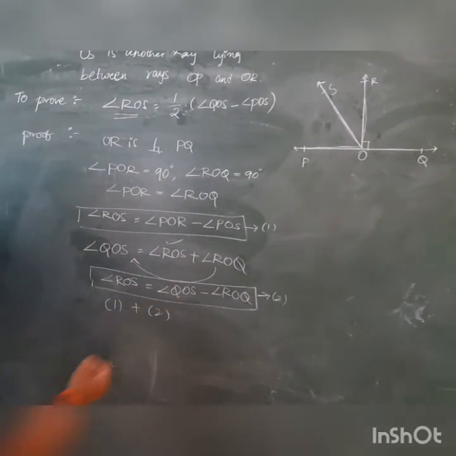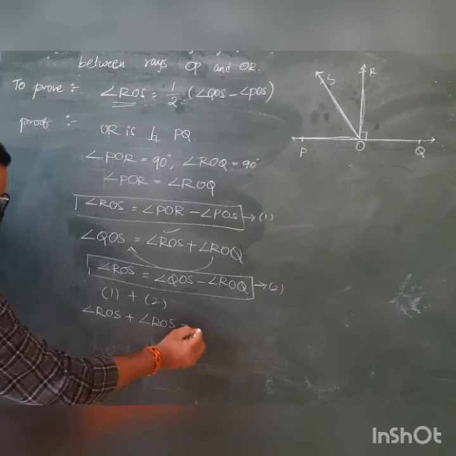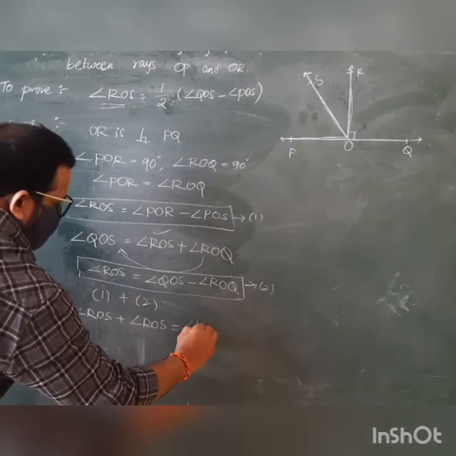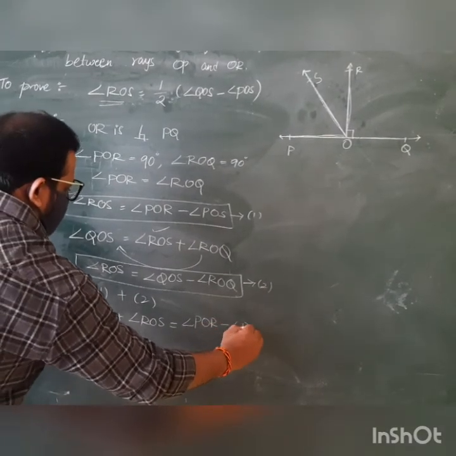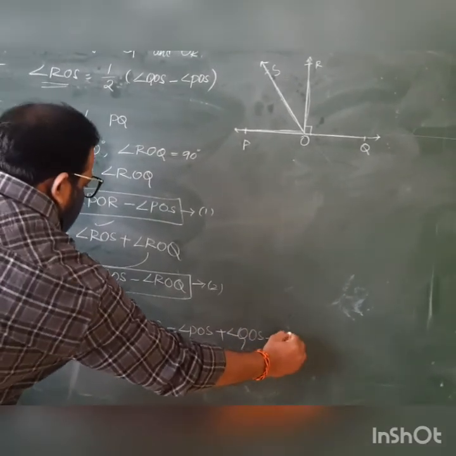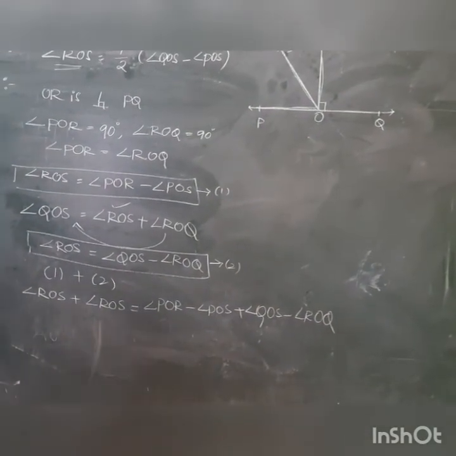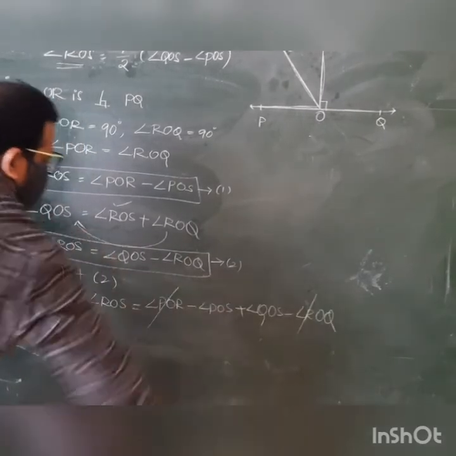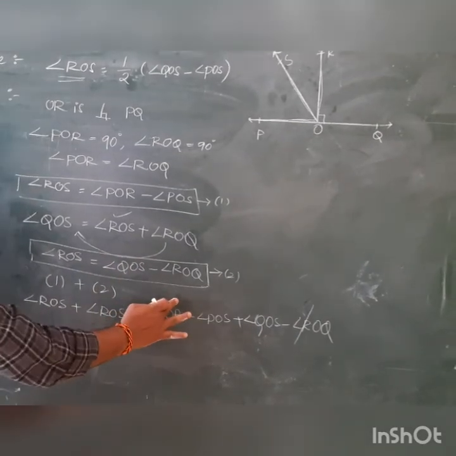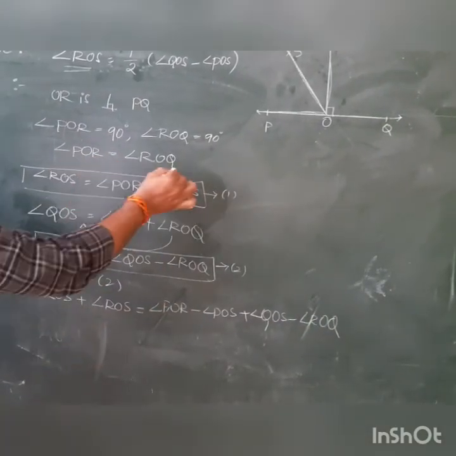So now let us add these two. 1 plus 2: angle ROS plus angle ROS on the LHS, and now RHS part: angle POR minus angle POS plus angle QOS minus angle ROQ. As we know, angle POR is equal to angle ROQ.